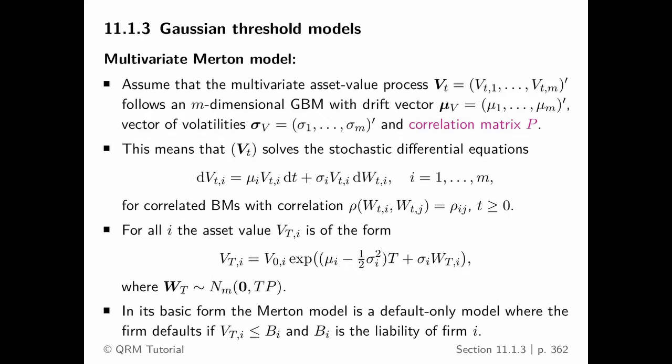In its basic form, Merton is a default-only model. Merton was only worried about these contingent claims. Is there default? Isn't there default? But of course, you can extend it to have multiple thresholds which may determine rating state migrations. So what you call V now is what you called X in the slide before? Exactly.